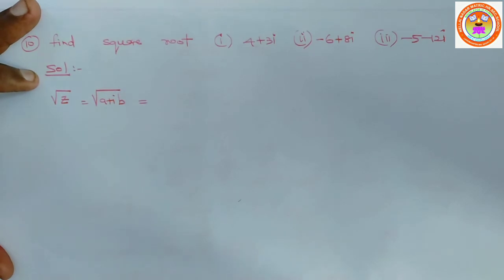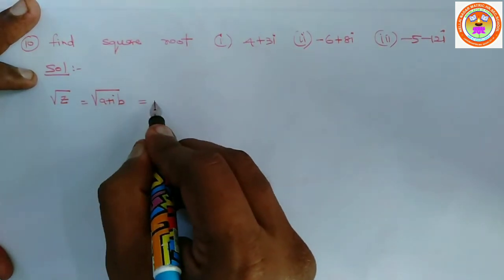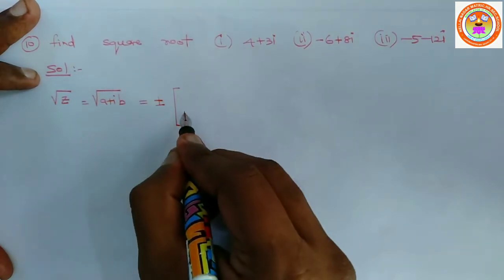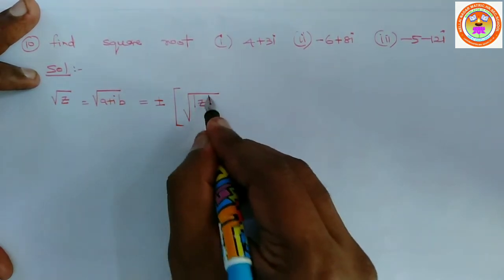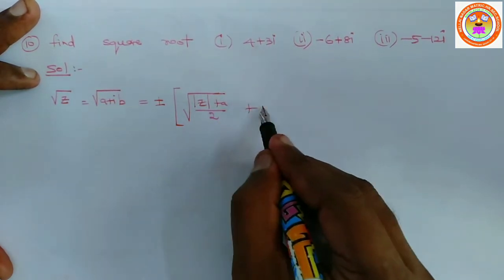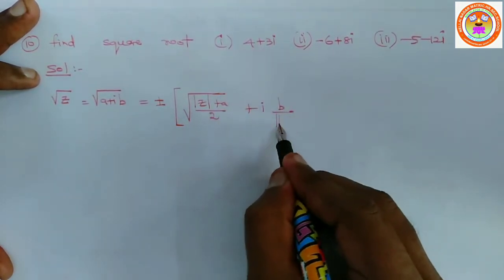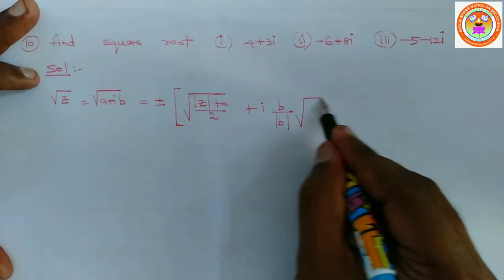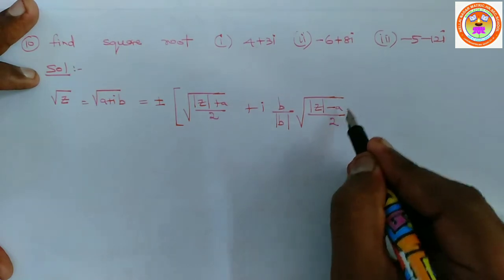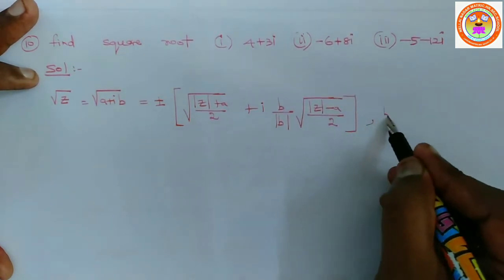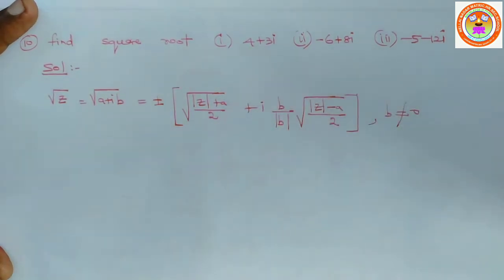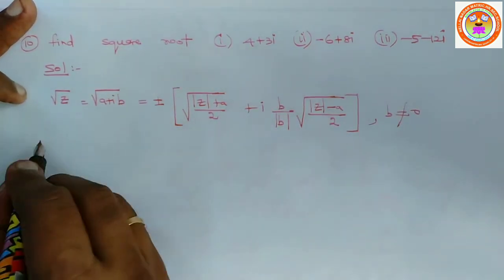This is equal to plus or minus, open the bracket, square root of modulus of z plus a divided by 2, plus i b divided by modulus of b times square root of modulus of z minus a divided by 2, where b should not be equal to 0. If it is 0, it becomes infinity.